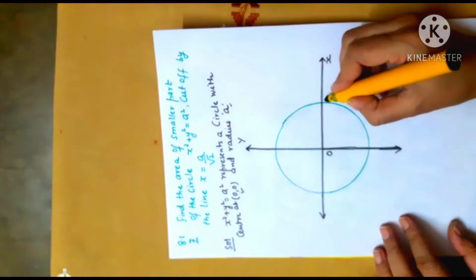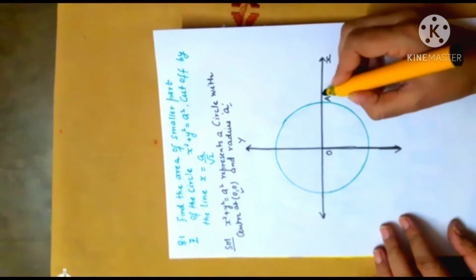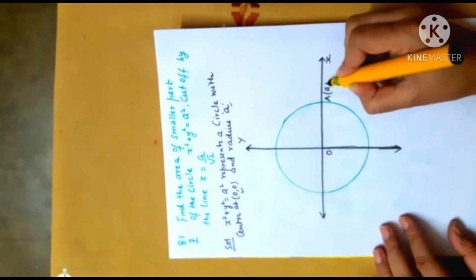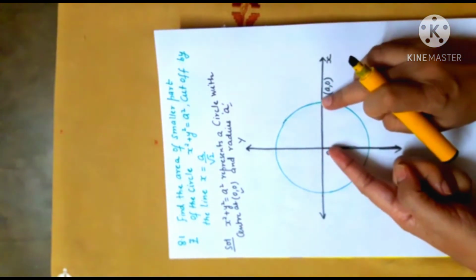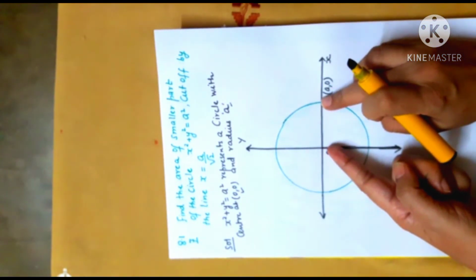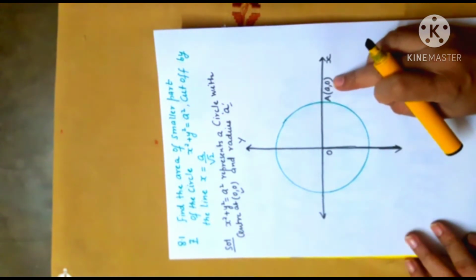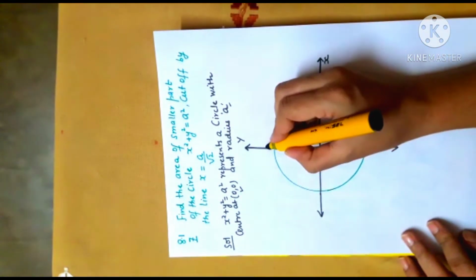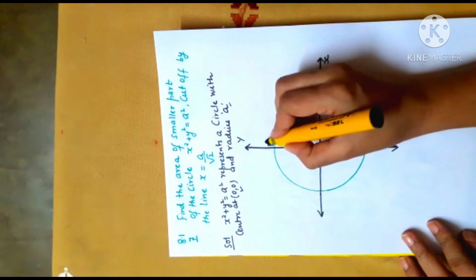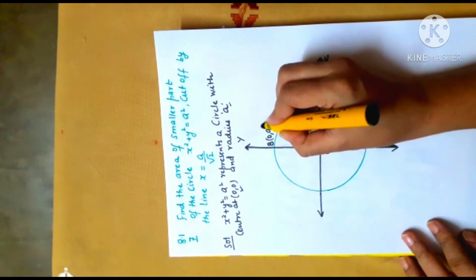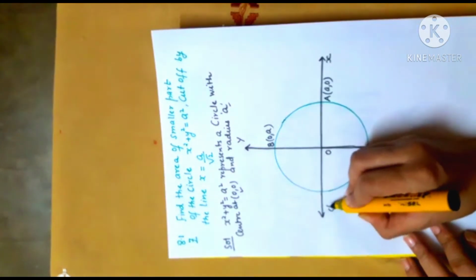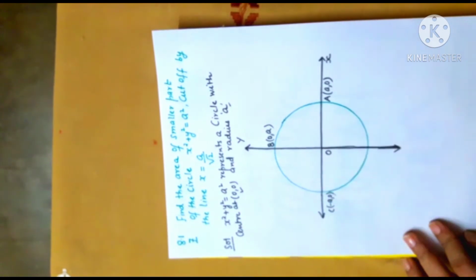So if this be the point A, then its coordinates will be a, 0. Because this is the radius, it is a units. And this point lies on x-axis, so its coordinates will be a, 0. This point B will have coordinates 0, a. This point C will have coordinates minus a, 0.